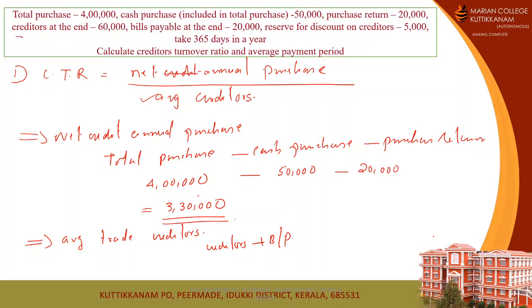It is given only creditors at the end. So we just take that creditors at the end, that is 60,000, and there is another figure given, bills payable. So we need to take that also because trade creditors includes both creditors as well as bills payable. So what is the total figure? It is 80,000, right?